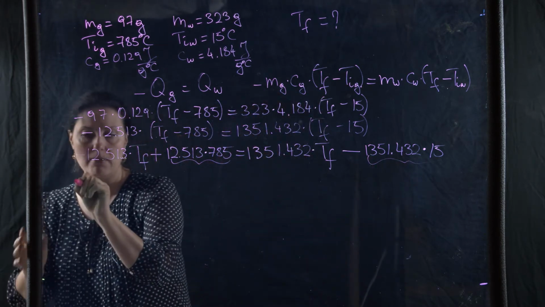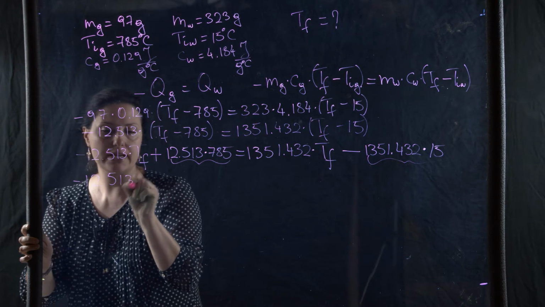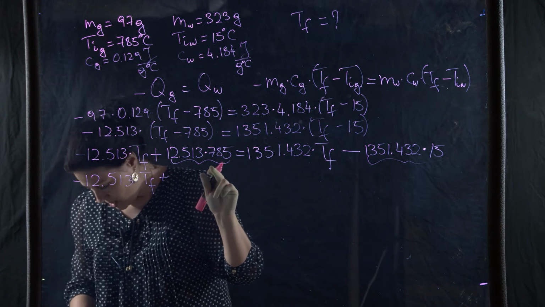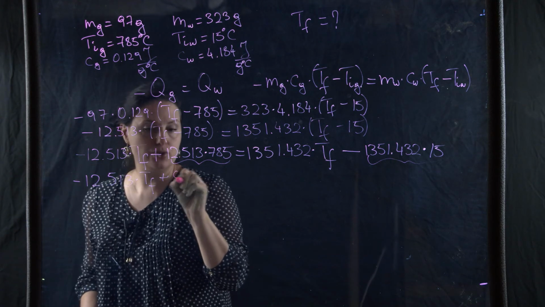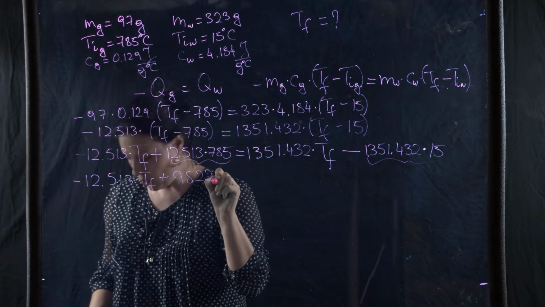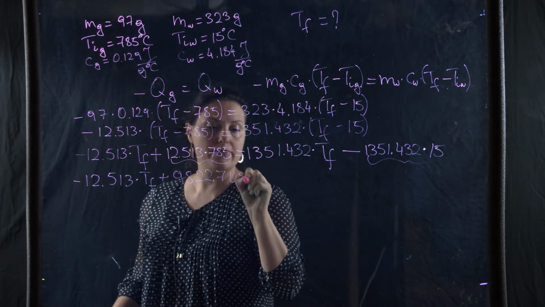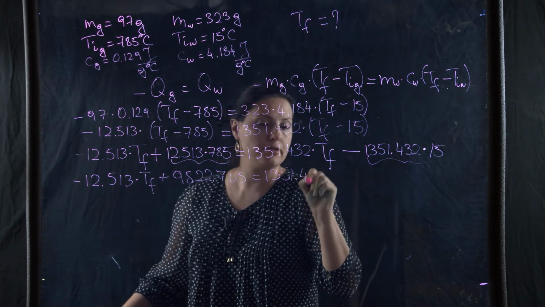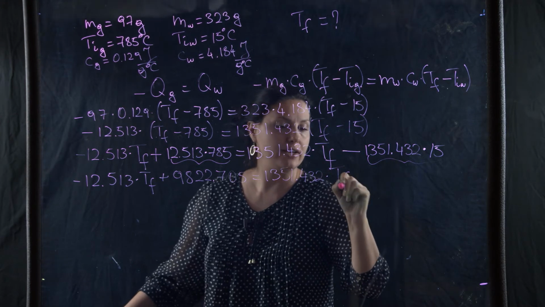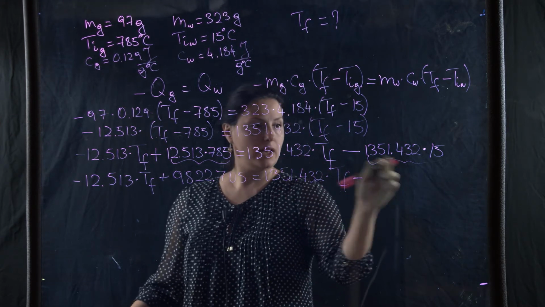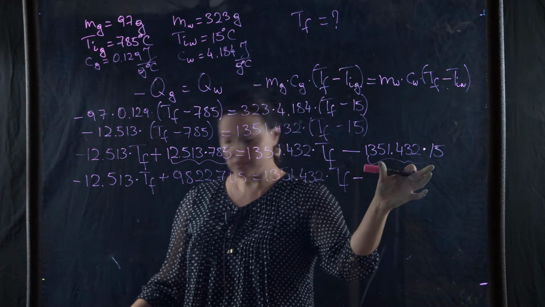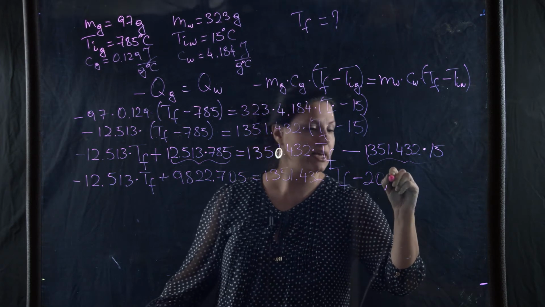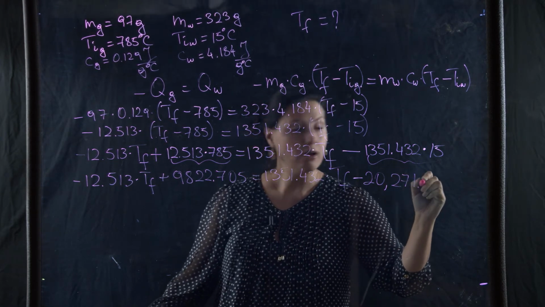And minus 12.513 times T final plus this product gives me 9822.705 is equal to 1351.432 times T final minus, if you do this product over here, you get 20,271.48.